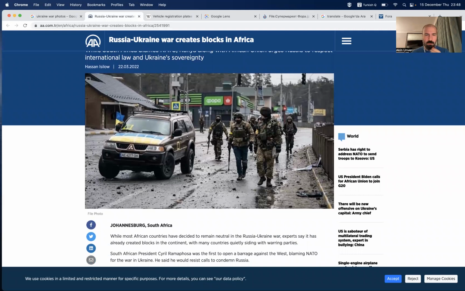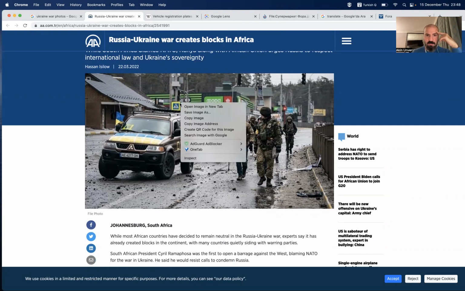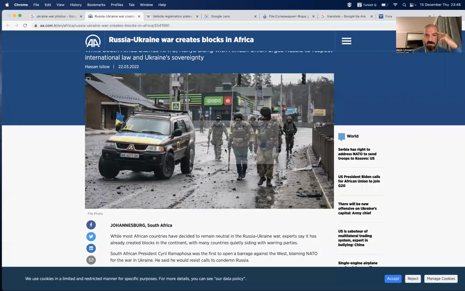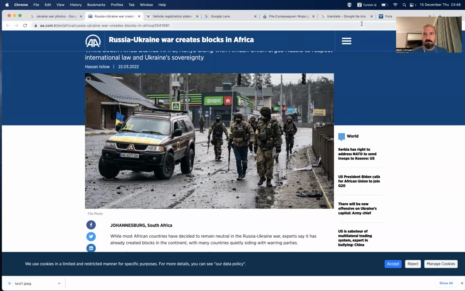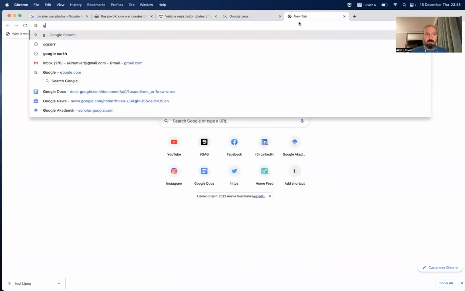I'm going to look for Fora, but I need some more images that are maybe similar to this. So I need to use Google image search again. I'm going to do save image as and download this on my computer as something like test one. And I am going to Google again.